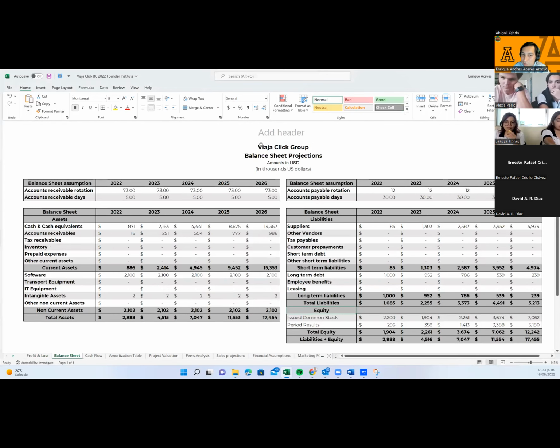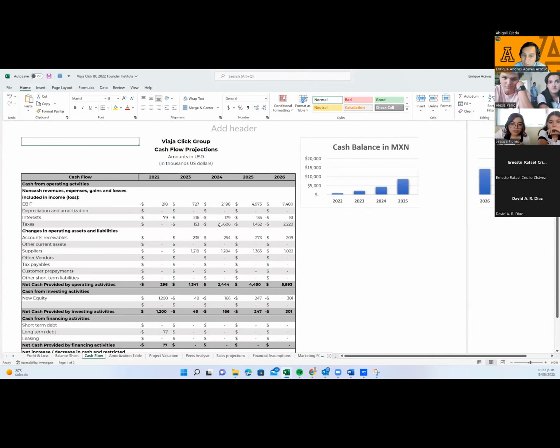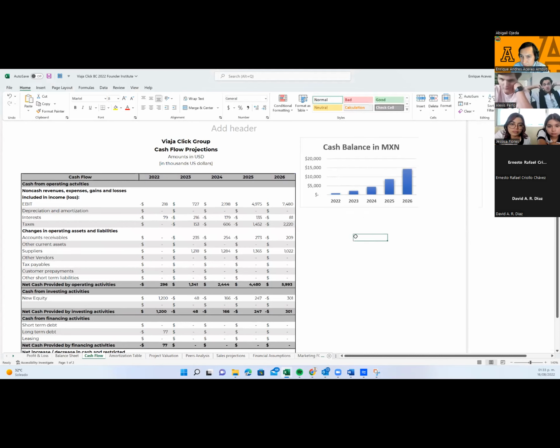You will learn how to create a balance sheet, a cash flow statement. What is a cash flow statement, guys? What's the difference between a profit and loss statement and a cash flow statement? Is a cash flow statement a balance sheet?